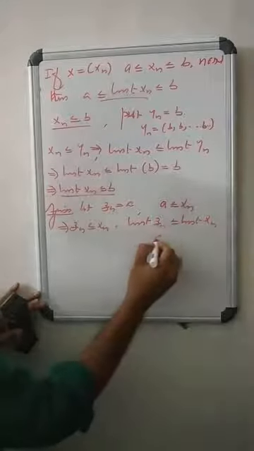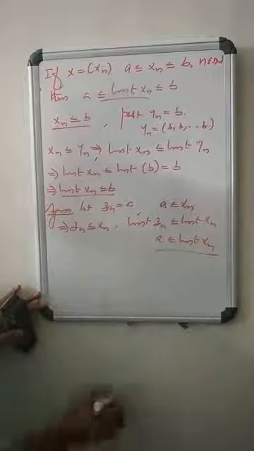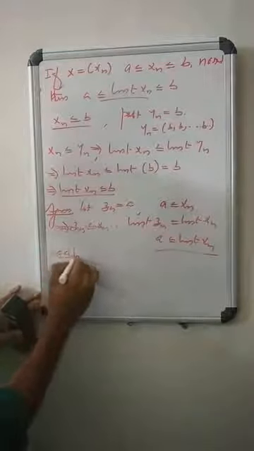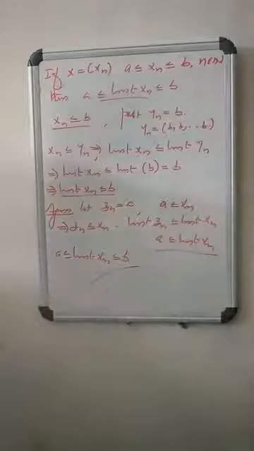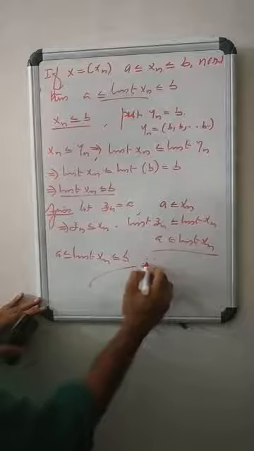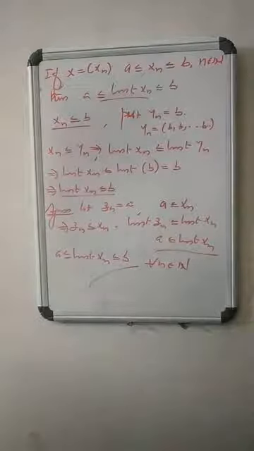Limit zn is again a, so a is less than or equal to limit xn. Combining, we have a less than or equal to limit xn less than or equal to b. So when a is less than or equal to xn less than or equal to b, then a is less than or equal to limit xn less than or equal to b for all n in N itself. Agreed.